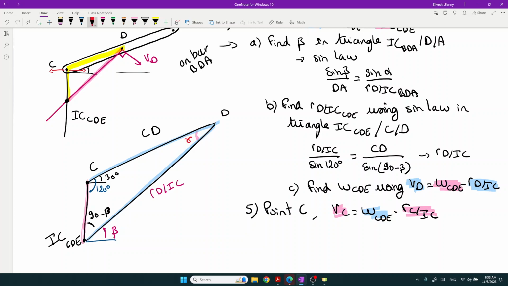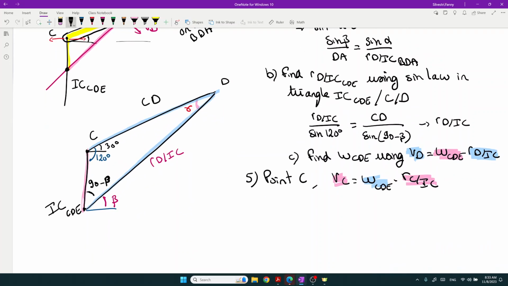So let's find that angle. I will call that angle gamma. So step number A, you need to find the angle gamma, and gamma is equal to what? It's equal to 180 of a triangle minus the two other angles. The two other angles are 90 minus beta, and the other angle there is 120 degrees. So you find gamma. With gamma, you find RC about IC. I recommend to use the sine law because we have all the angles.